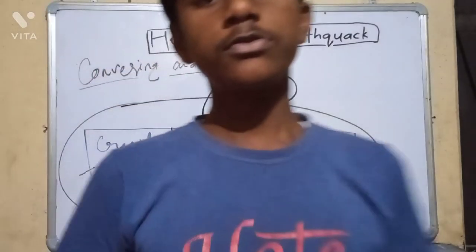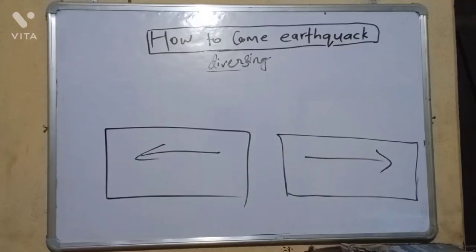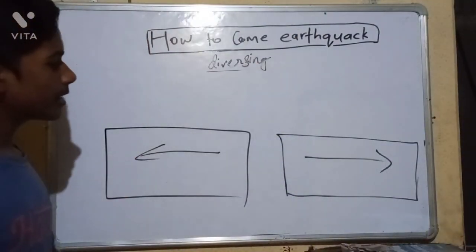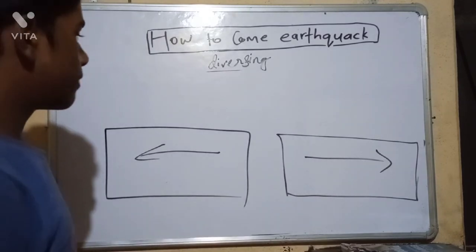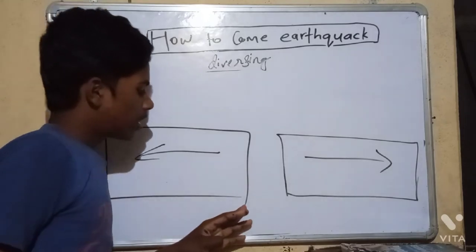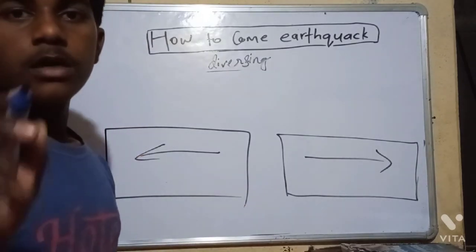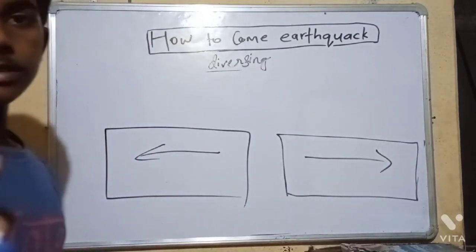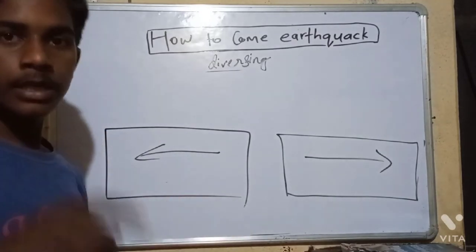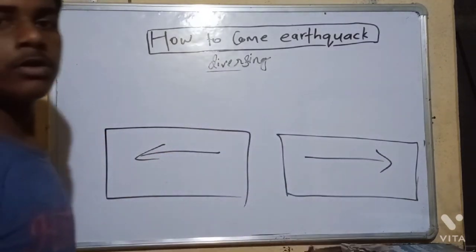Now let's go to diverging. First of all, it is essential to know that earthquakes are very dangerous in seismic zone areas.